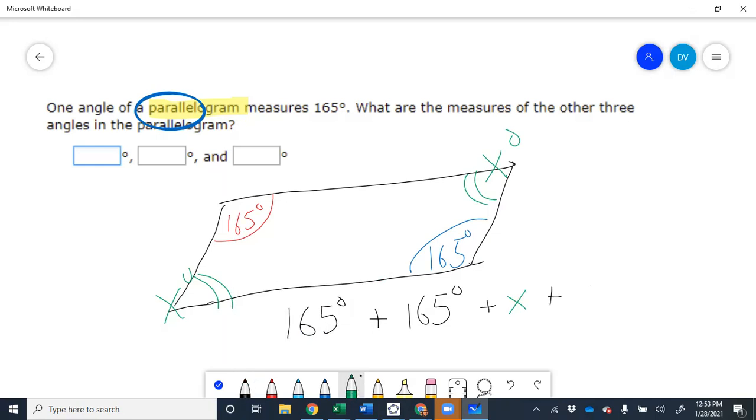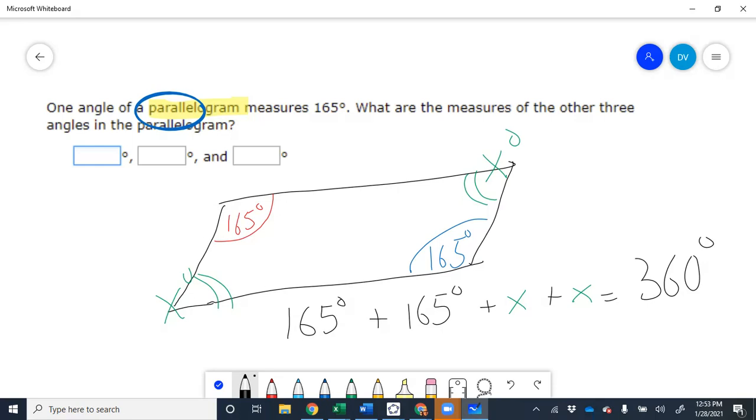All four angles added together in a quadrilateral add up to 180 degrees. So the setup is the same as we did in the last module. And now we just have to solve this. I'm sorry, not 180. I meant 360. Sorry, that's 180 is for triangles.